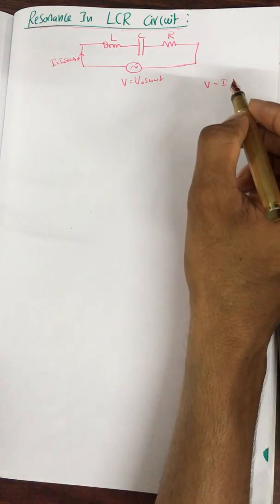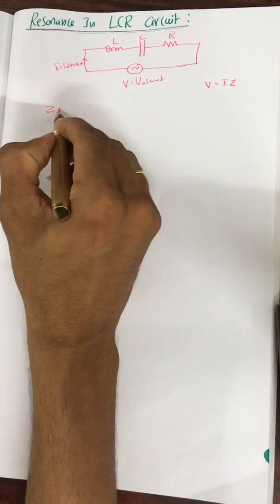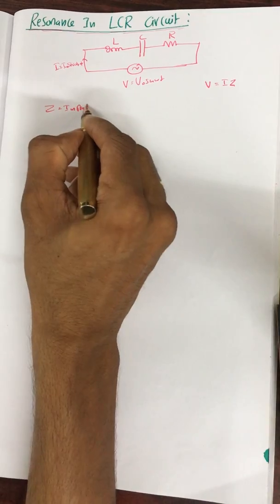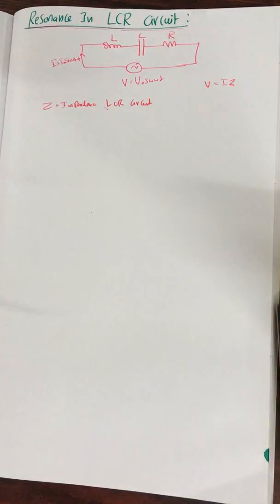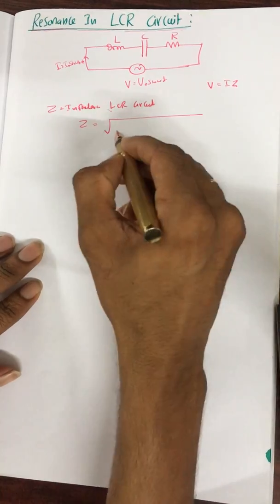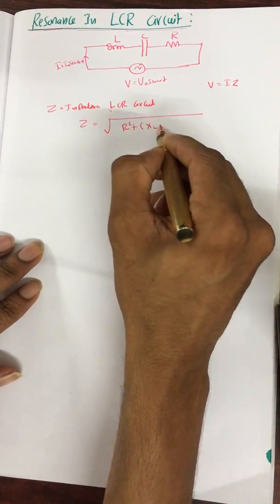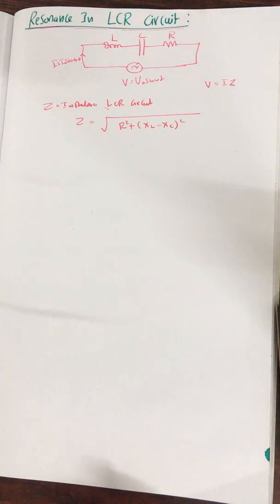So V is equal to not IR, but IZ, where Z is called the impedance of the LCR circuit. This Z is again a resistance offered to the flow of current because of the combination of LCR. And the expression for Z is given by the square root of R square plus XL minus XC whole square.